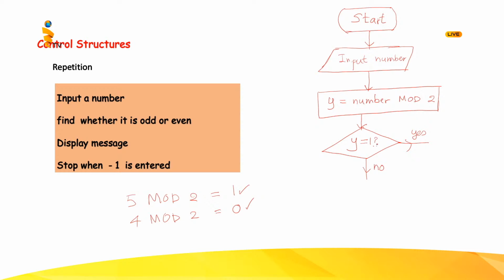If y is equal to 1, that means the remaining value is 1, so my number should be an odd number. So I should display the message inside the parallelogram. Display odd. If it is not equal to 1, that is an even number. I have to display even.